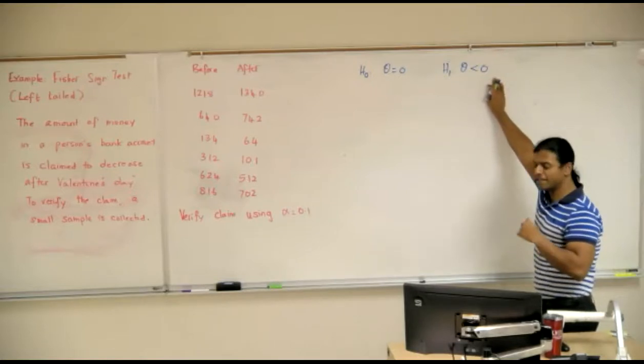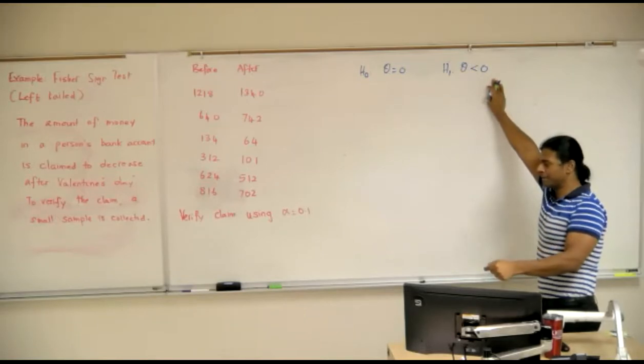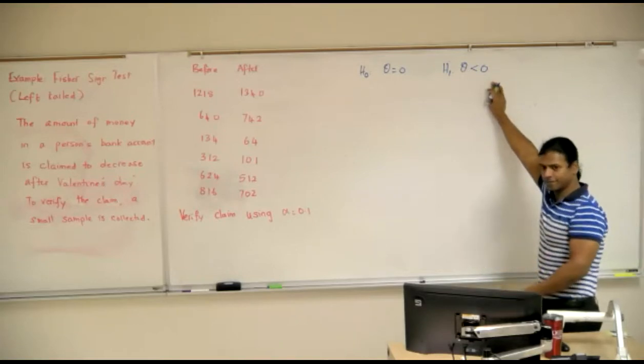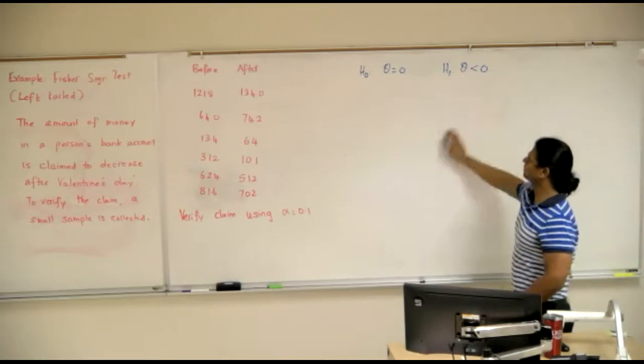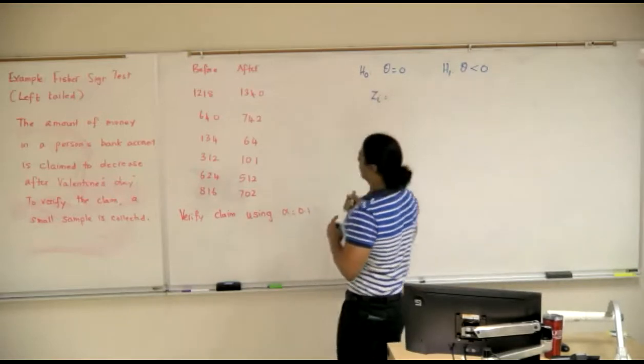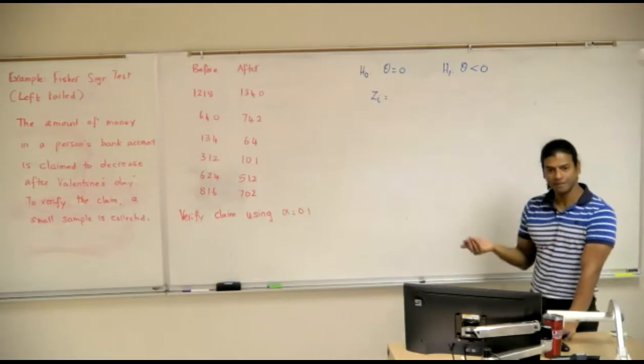So the reasonable way for me to define the difference: should it be after minus before, or before minus after? I think after minus before is more clear. We are trying to see the negative effect, right?